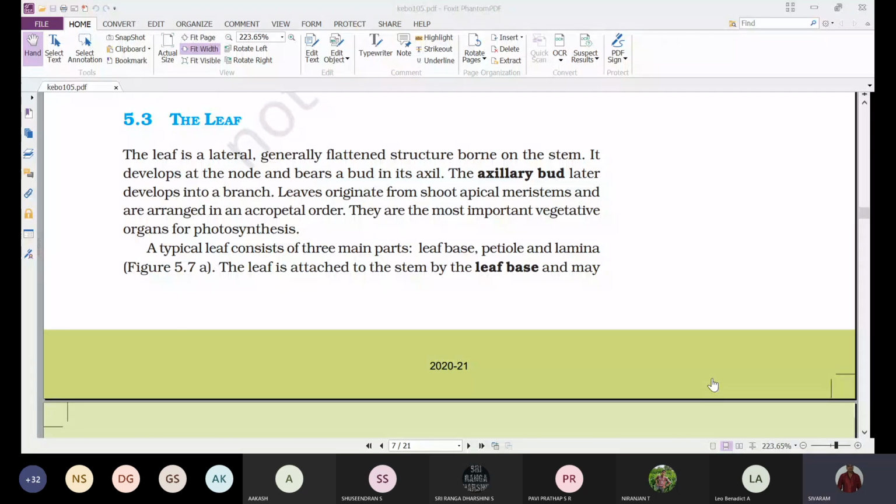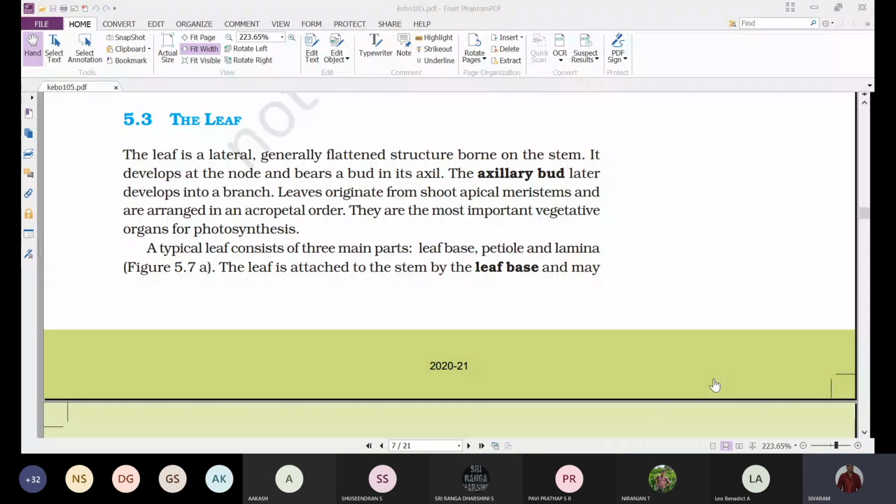Next, leaves originate from the shoot apical meristem and are arranged in an acropetal order. During the growth of the plant, some of the meristematic cells are left at a node, and some of these meristematic cells develop into a leaf.